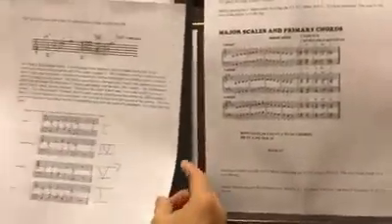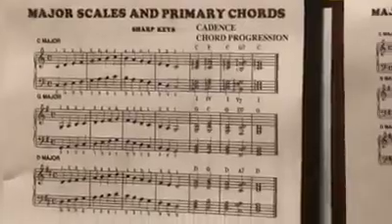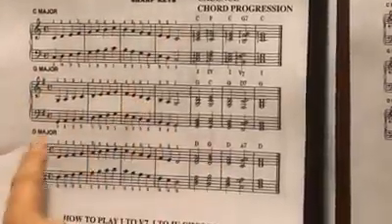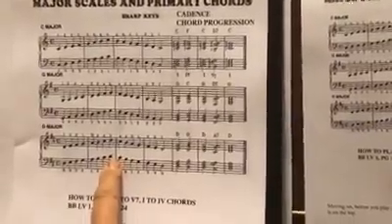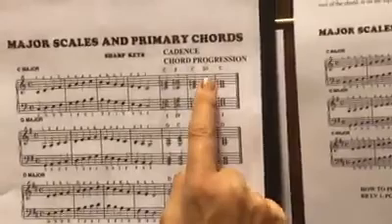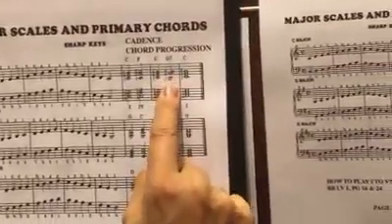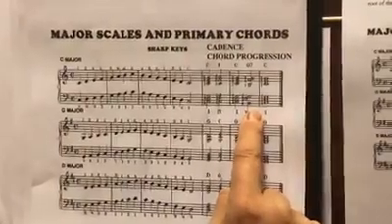Back to page 17. This one is bigger. C scale, G scale, D scale. We played this last week. And so now that you know what the meaning of the 5-7 chord is, let's play it as kind of an introduction to the scale.